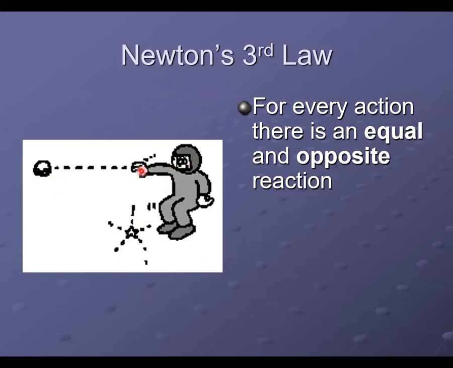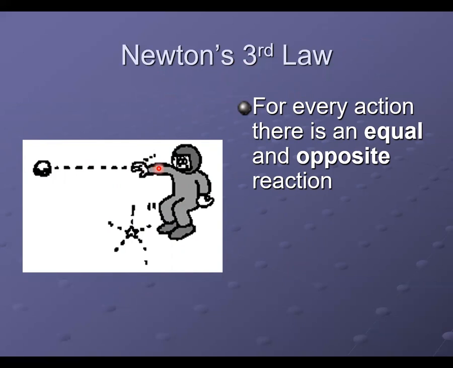Okay, so he pushed the rock to the left with his force. But for every action, there's an equal and opposite reaction. So as he is pushing on the rock with his force, the rock is actually pushing on him as well in the opposite direction.